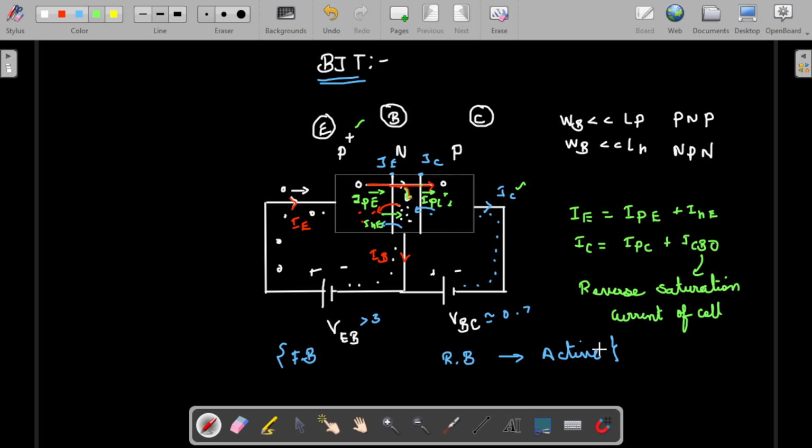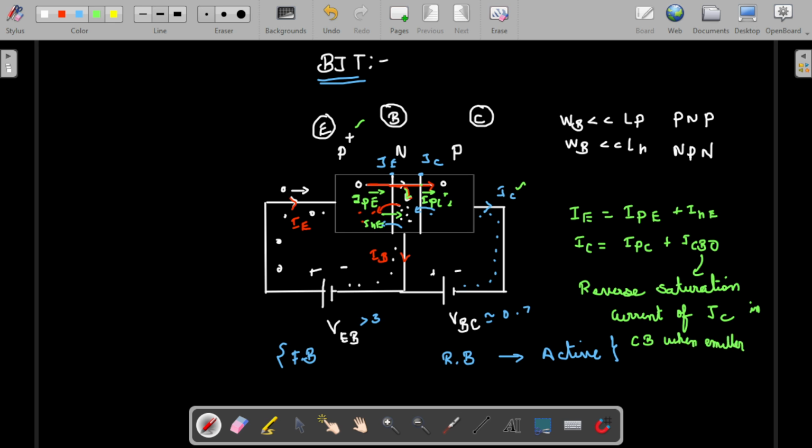Let me name it JC, so the current in the JC junction, in common base (CB) configuration, with the emitter open. When the emitter is open.